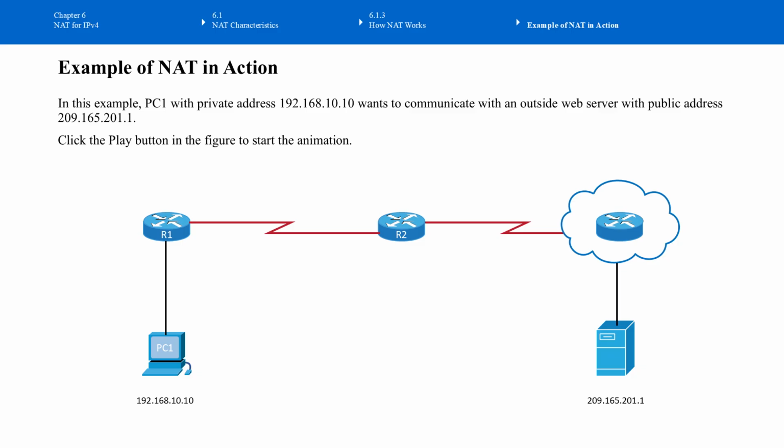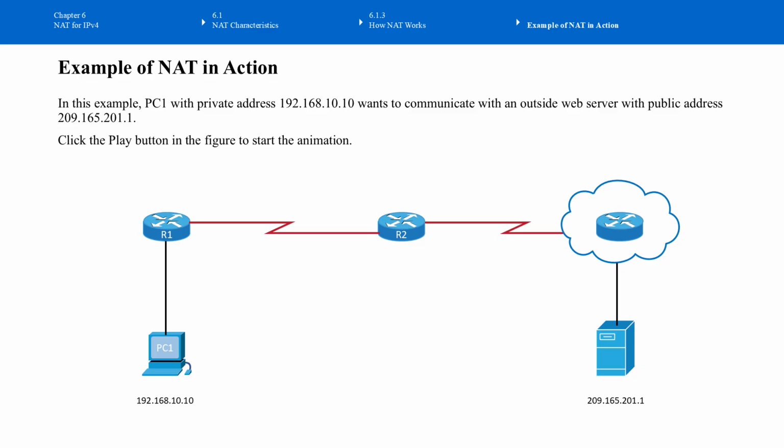Notice that the server never sees PC1's private IP address. Step 4. The server sends a reply. The web server sends a response back to the router's public IP address. The reply travels through the internet and reaches the border router.